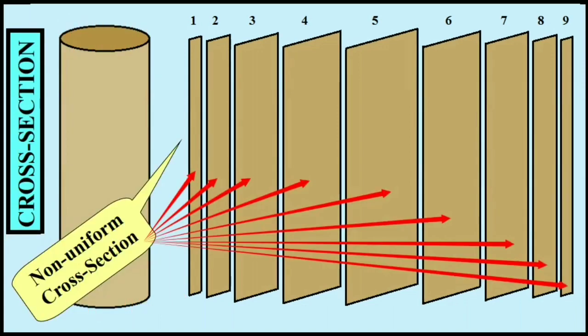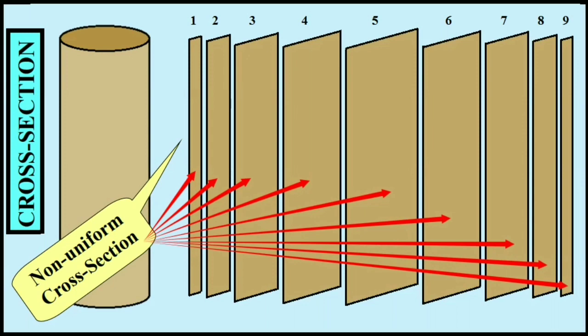We observe that faces of all the slices are rectangular but are of different shape and different size. Hence, these faces cannot be a uniform cross section.